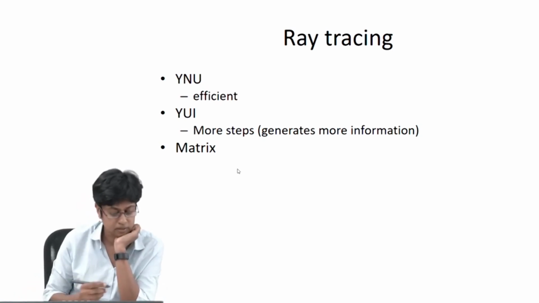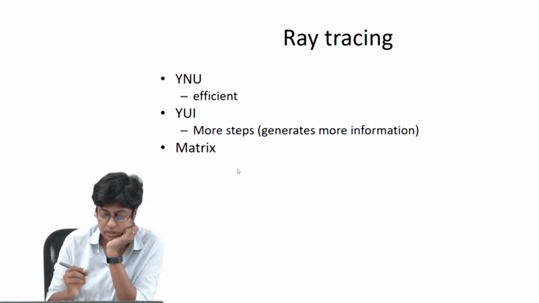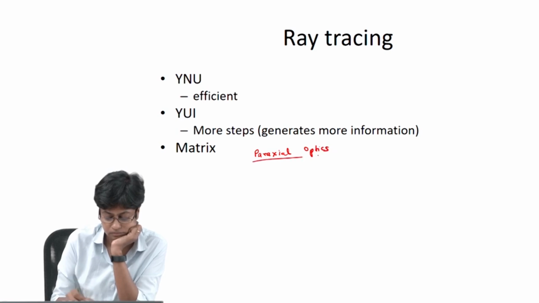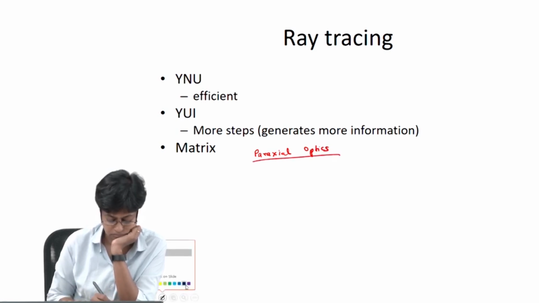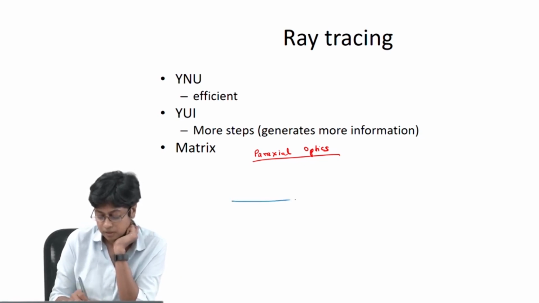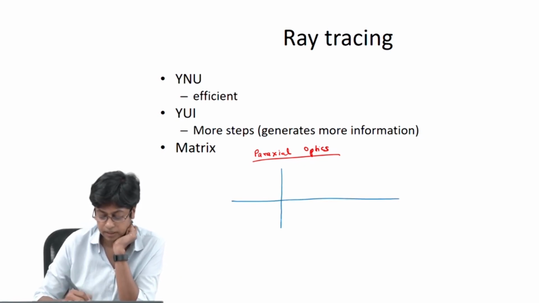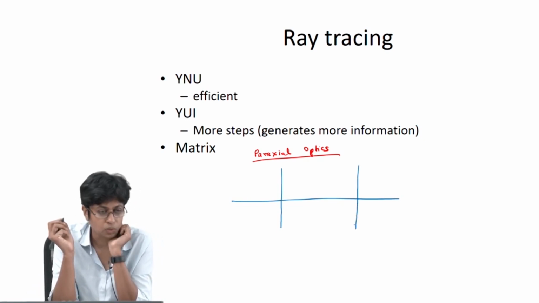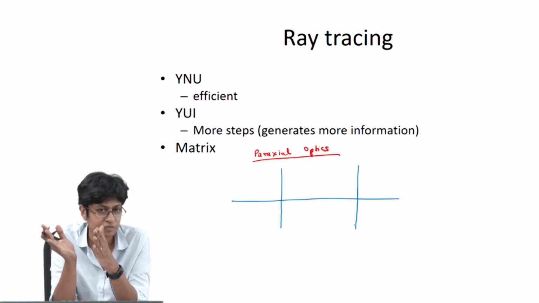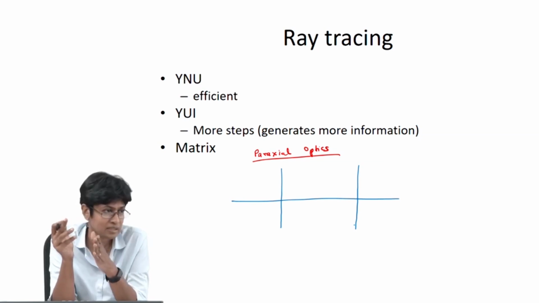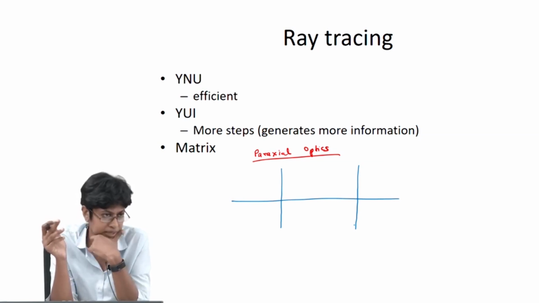the YNU method just to give you an idea. Now, since we are dealing with paraxial optics, I can imagine that my optical surfaces are actually straight lines. I can make this assumption. So I'm going to consider every interface, in my assumption of paraxial optics, as a plane surface perpendicular to the optical axis.